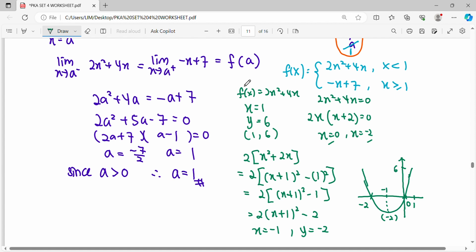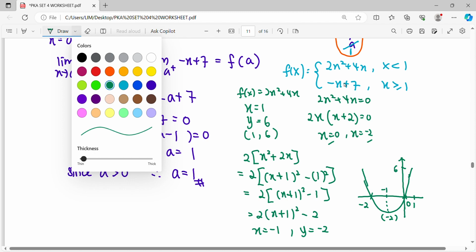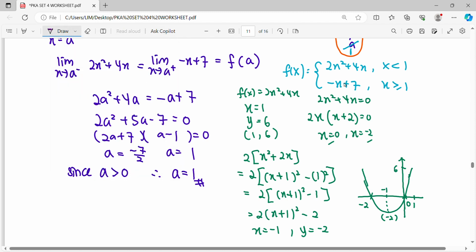Then we continue with the linear one. Negative x plus 7, starting point x equals 1, y equals 6 also. Also they are continuous at the same point. They are connected at the same point.